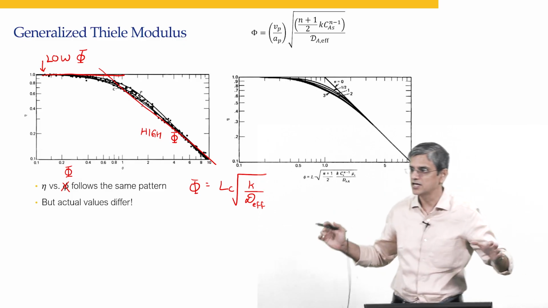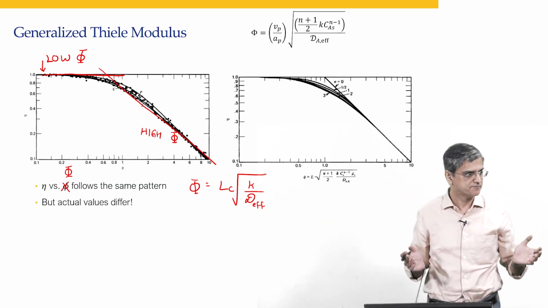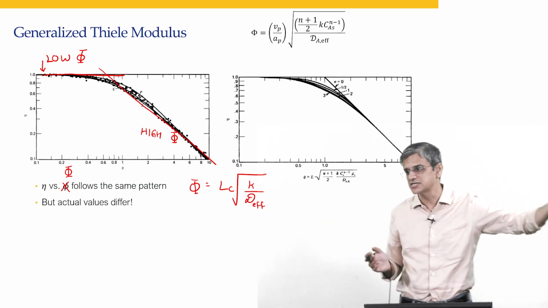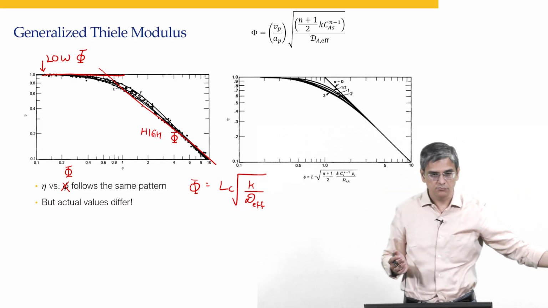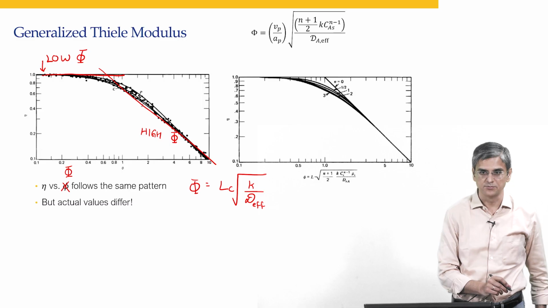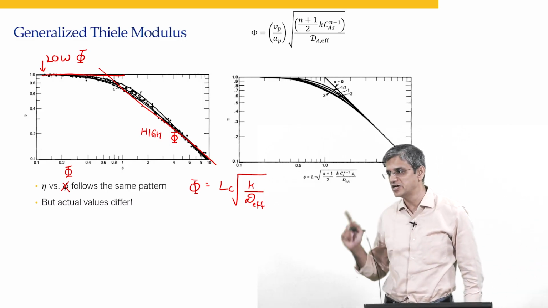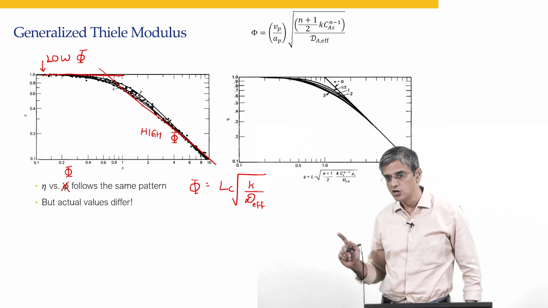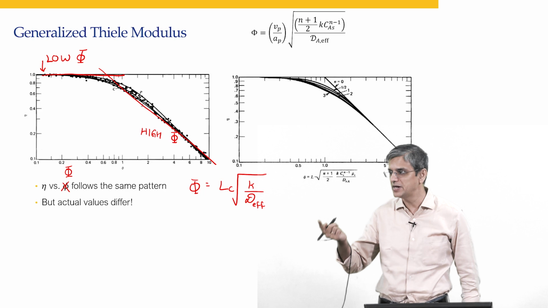The entire catalyst pellet will act as if it is completely taking part in the reaction. Diffusion is extremely fast. Case number 2, the low phi asymptote, means diffusion is very fast compared to reaction. It is not an absolute statement, it is D in comparison with K.